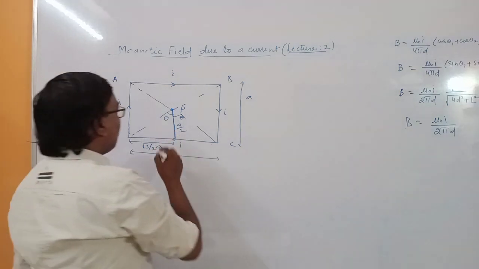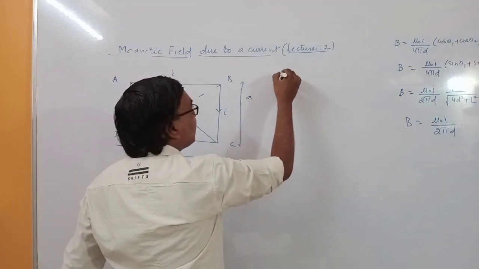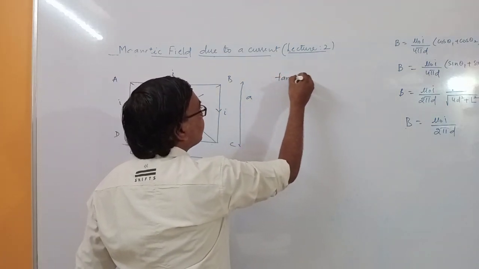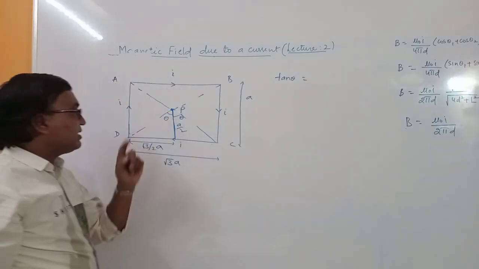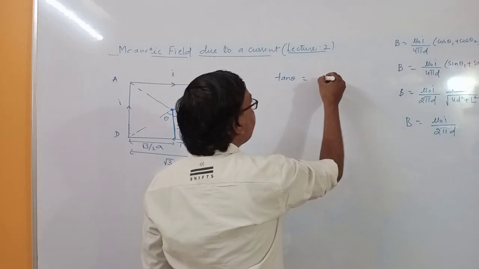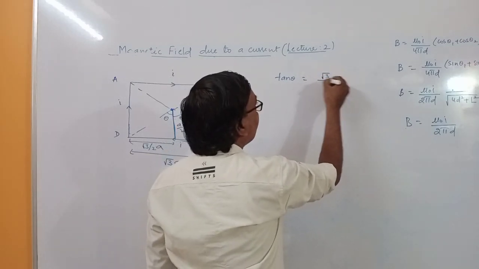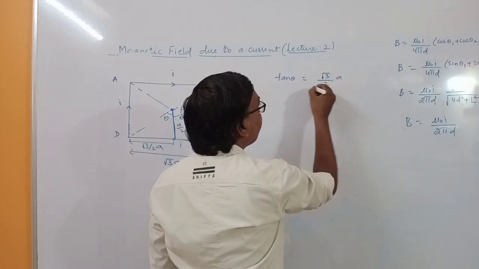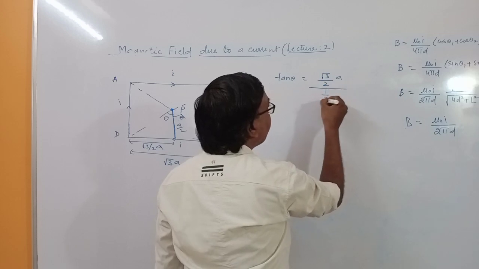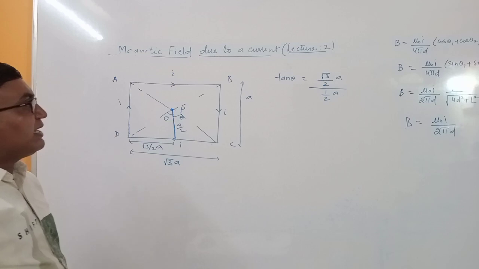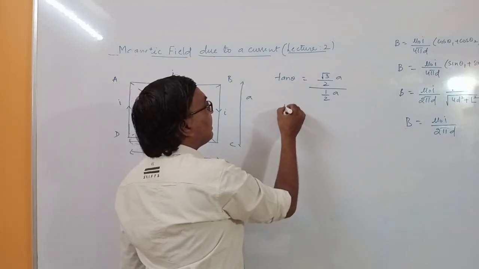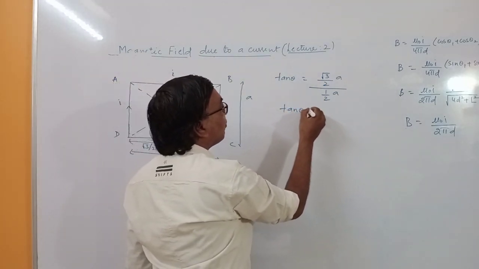Okay, so now how to find out theta? So tan theta is equal to opposite side by adjacent side. So opposite side is √3/2A और adjacent side जो है 1/2A. So ये tan थीटा है, तो tan थीटा की जो वैल्यू है वो है √3.